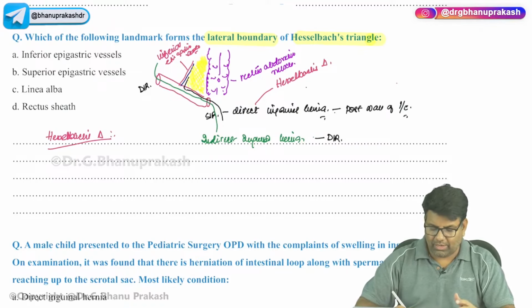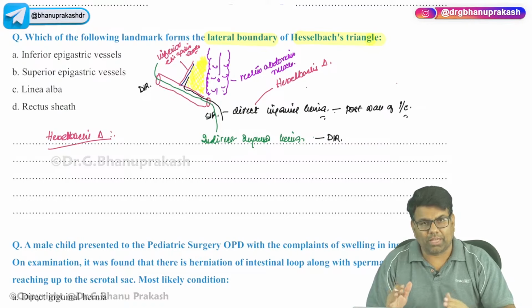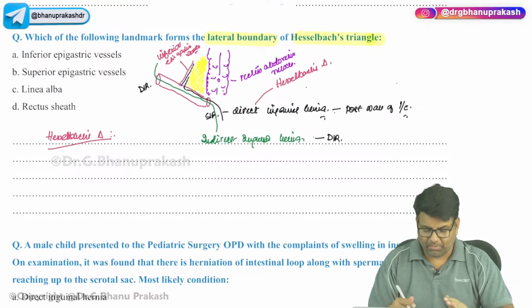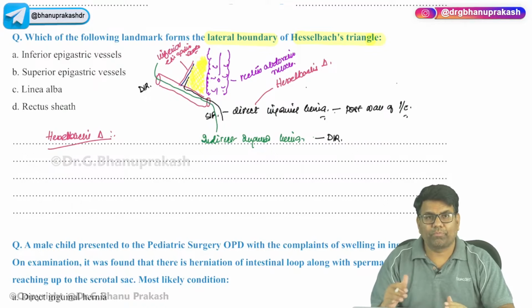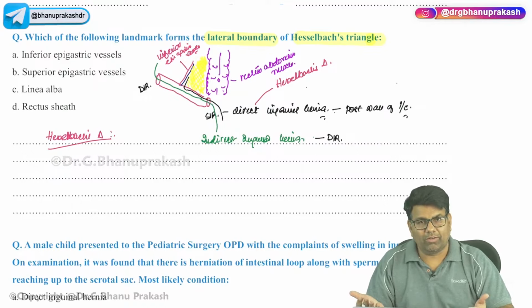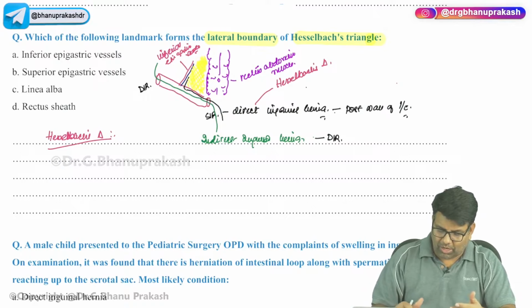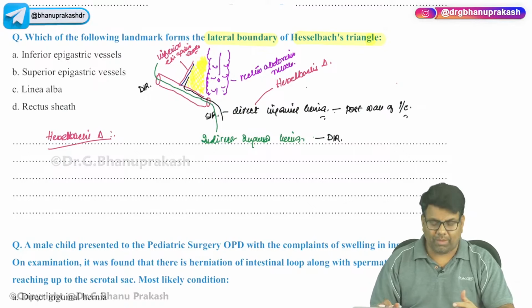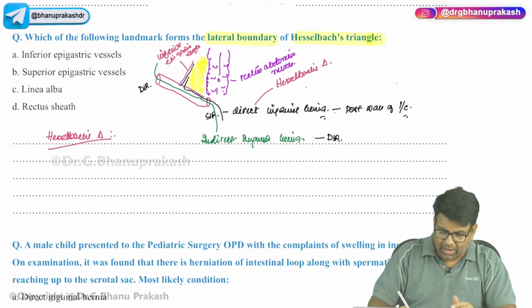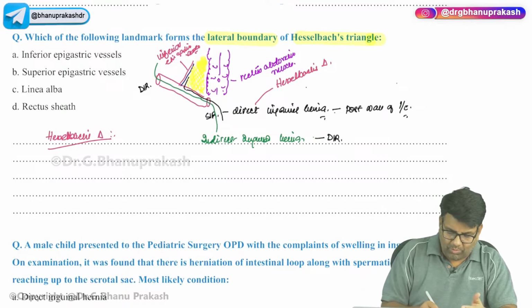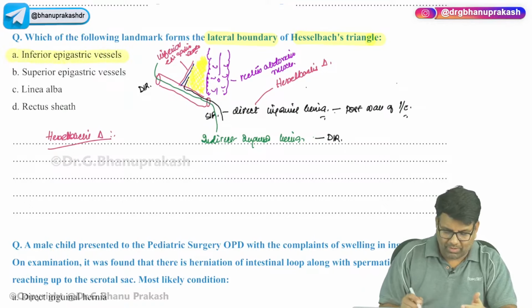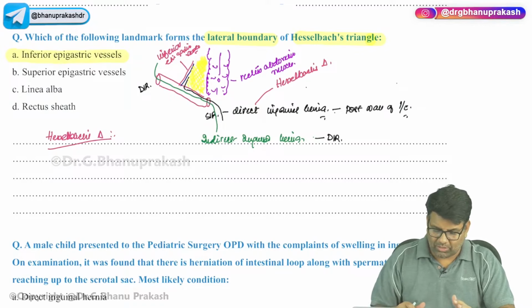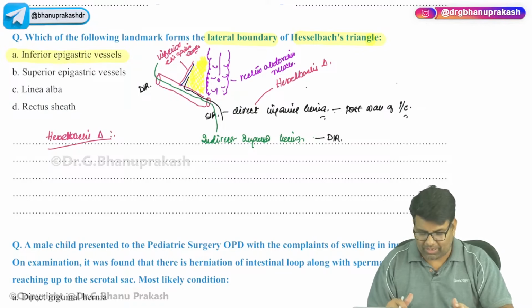So medially there is the rectus abdominis, laterally the inferior epigastric vessels, and below the inguinal ligament. So this is how the boundaries of Hesselbach's triangle are defined, and therefore your answer will come out to be inferior epigastric vessels. So this is the lateral boundary of Hesselbach's triangle.